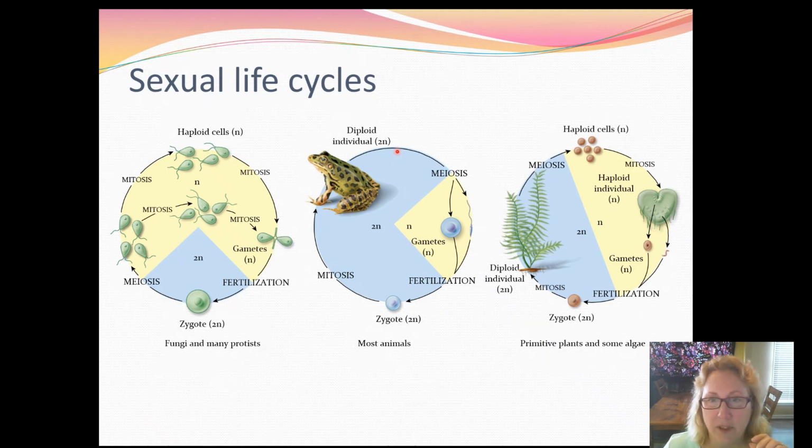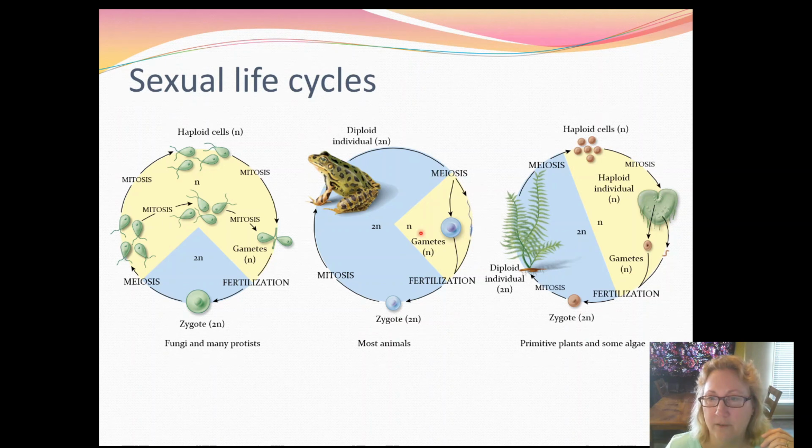So in the animal life cycle, the entire life cycle is as a diploid, or sometimes tetraploid, octoploid organism. And the only haploid cells in the animal life cycle are the gametes. The gametes are not capable of going through mitosis. If they do not fuse with another gamete, they are going to die.